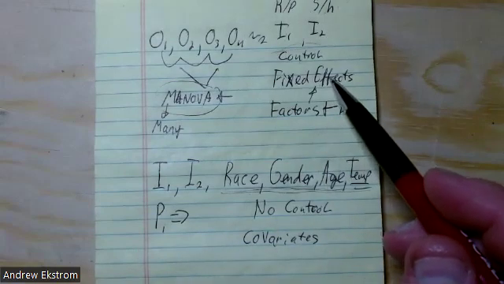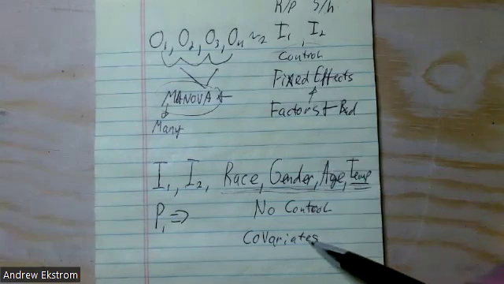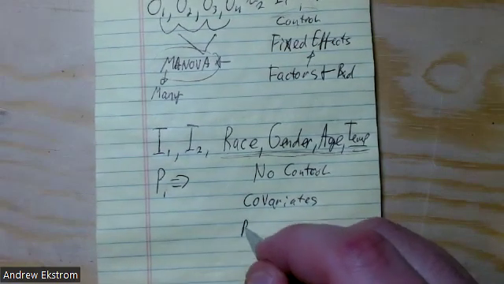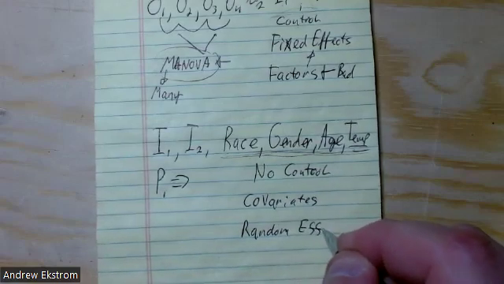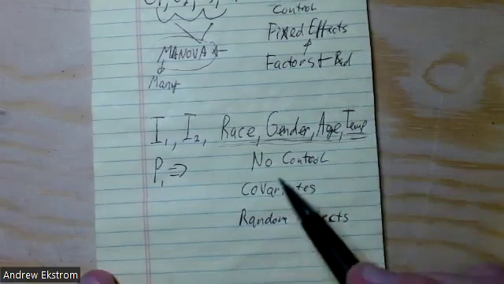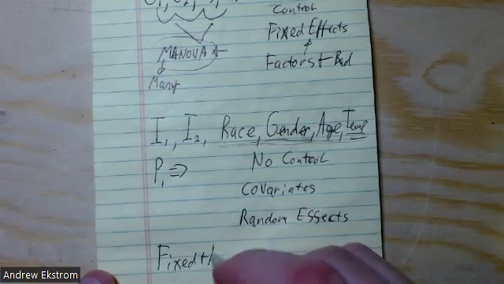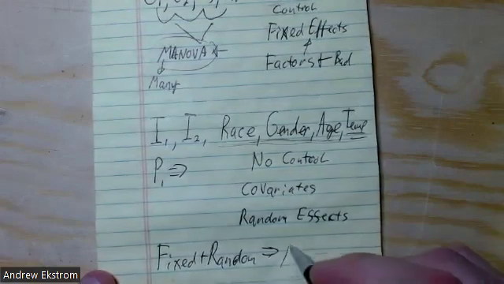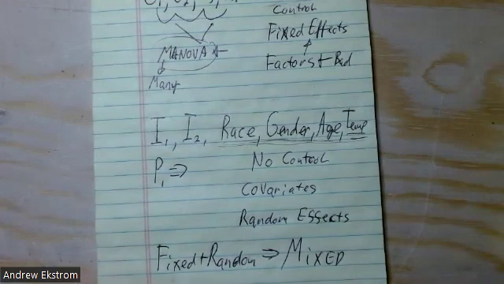And now because you have what's called fixed effects and these covariates, or we could call them random effects, we now have fixed effects and random effects. And that will give you what's called a mixed model.